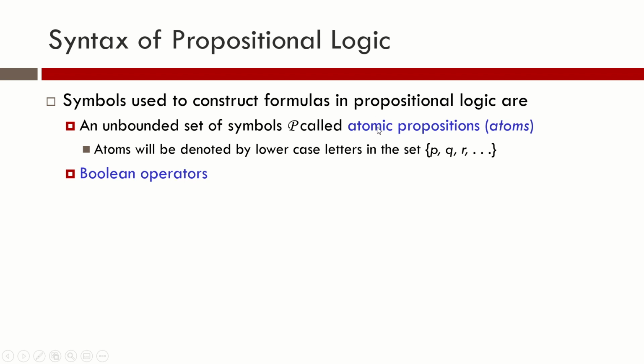The atomic propositions form an unbounded set of symbols which is denoted using the notation P. This set consists of lowercase letters, say P, Q, R, etc. So, to represent an atomic proposition in propositional logic, we use the notation, say, P or Q or R, etc. An atomic proposition is also called an atom because we cannot decompose it further. So it is called an atom.